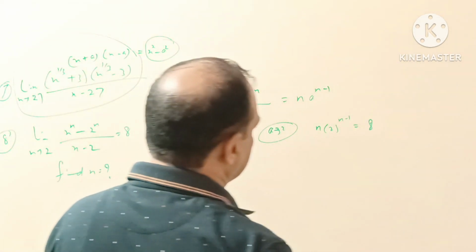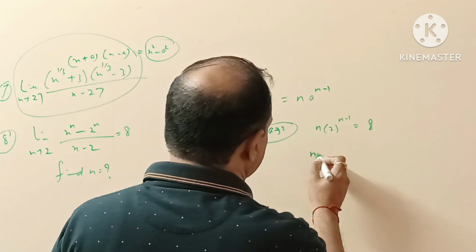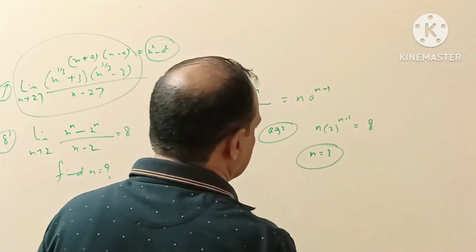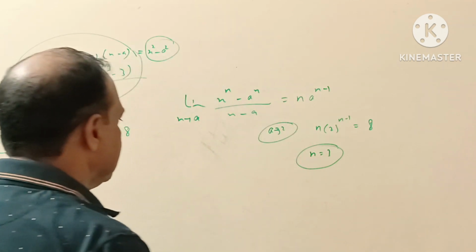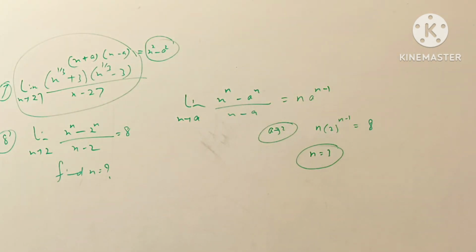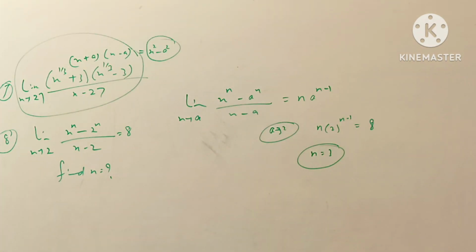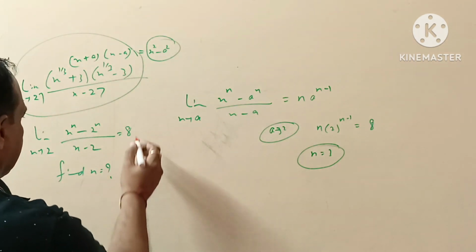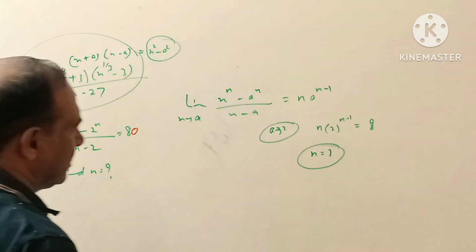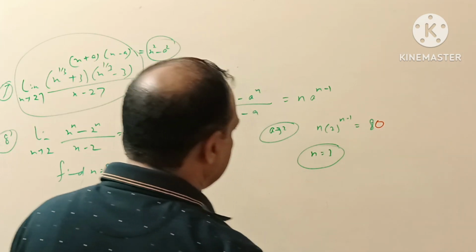Now how can I write it? I can put n equals 3. No. Actually, the question here is not 8, because it won't make any sense. Here the number is 80. Now we have to write it as 80, not 8.